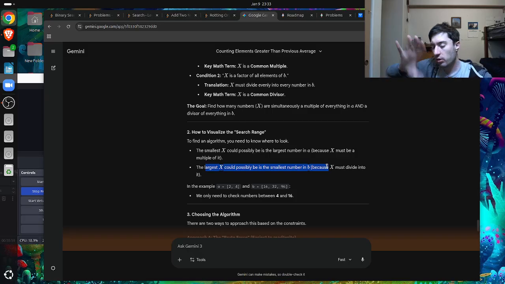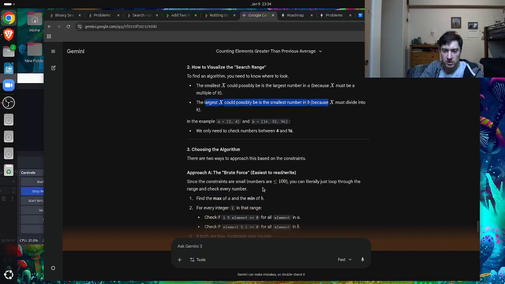See, if I understood what they were talking about, this would just flow logically, right? Like, well, of course that's going to be the case, but it's that reading comprehension thing, like, oh okay, what are we even talking about right now? An example, 2, 4, and 16, 32, and 96. We only need to check numbers between 4 and 16.